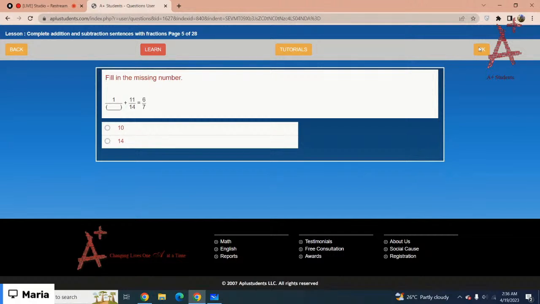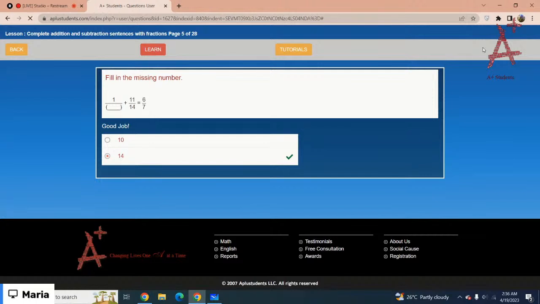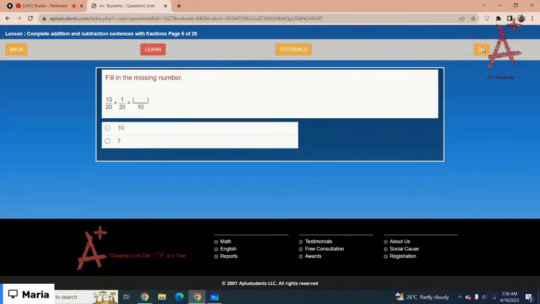Subtracting or adding, they must have the same denominators. Got it? So it must be 14. Okay, which number is missing?